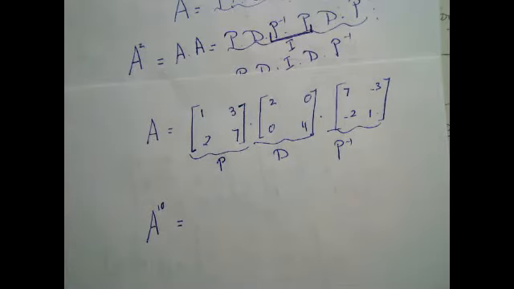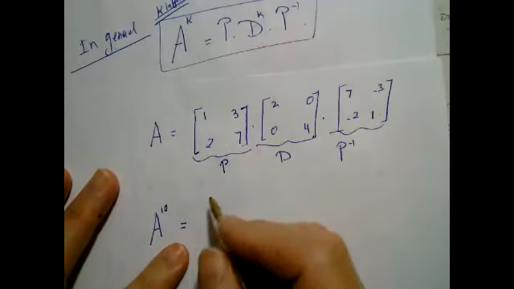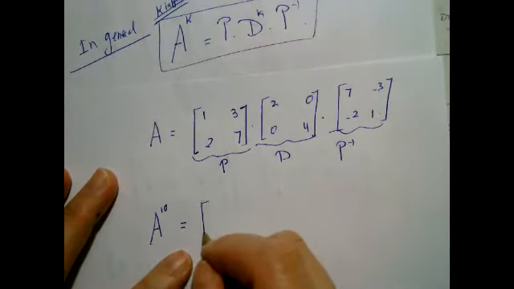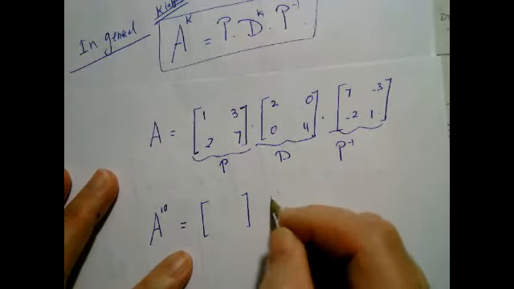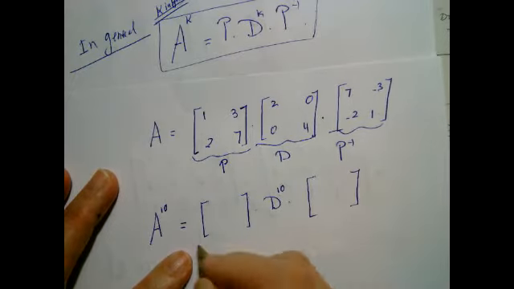Now, multiplying A by itself 10 times is nothing more than a nightmare in the making. But if I can decompose it this way, A to any power N is going to be equal to P times D to the power N times P inverse.